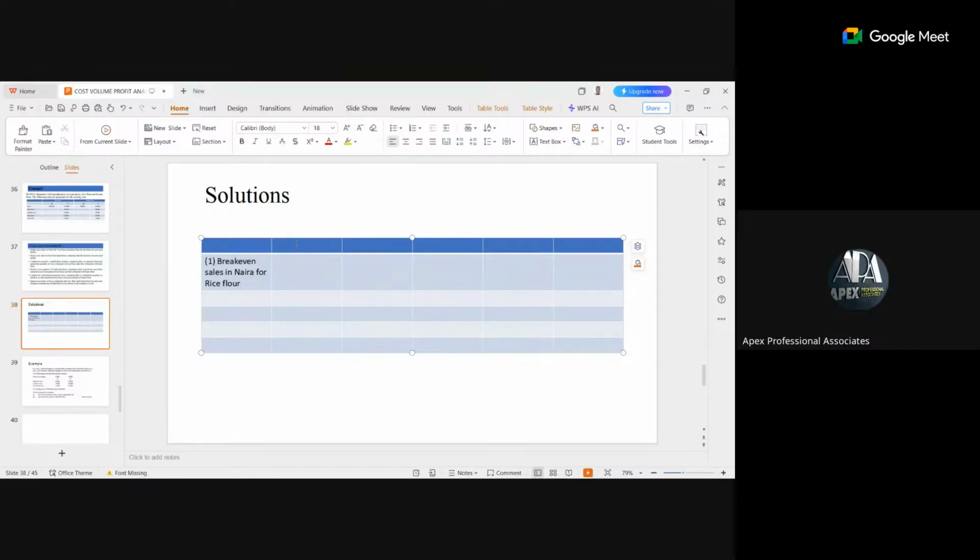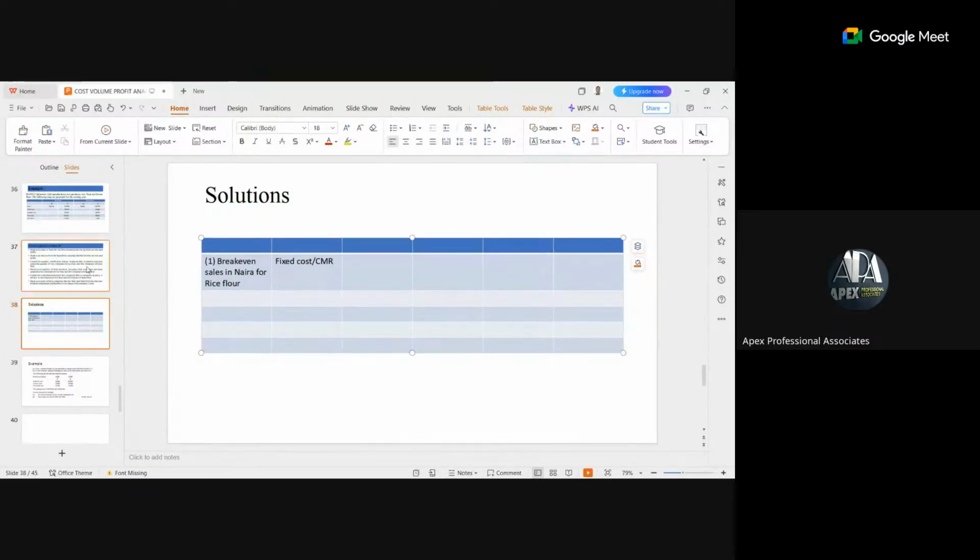So how are we going to do this now? The formula for break-even sales is what? Fixed costs divided by what? Contribution margin ratio. We're talking about sales now. If you're talking in units, it should just be contribution margin.